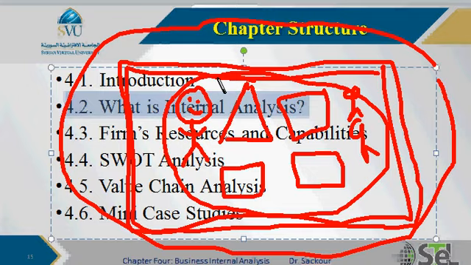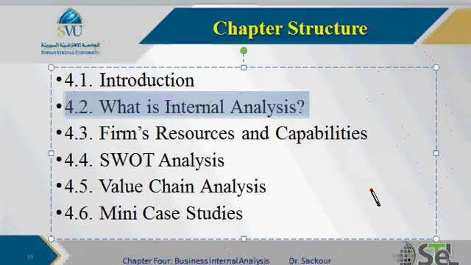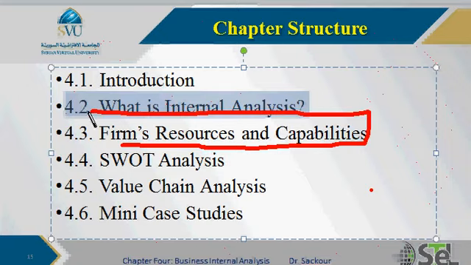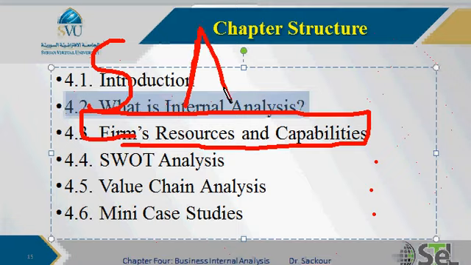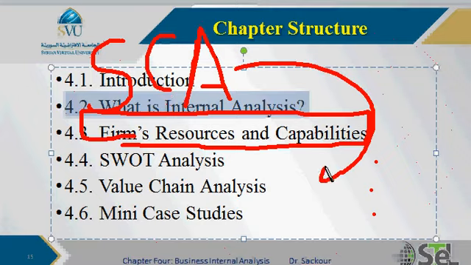So in the first section, we defined the meaning of internal analysis. Then we talked about firm resources and capabilities, and how to sustain your competitive advantage with your resources.